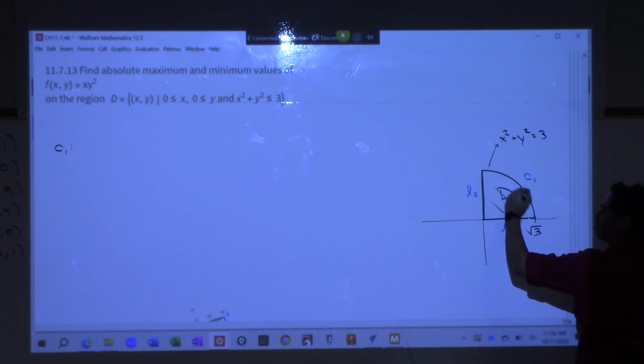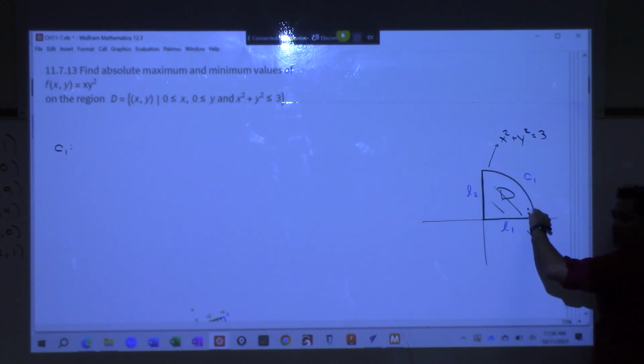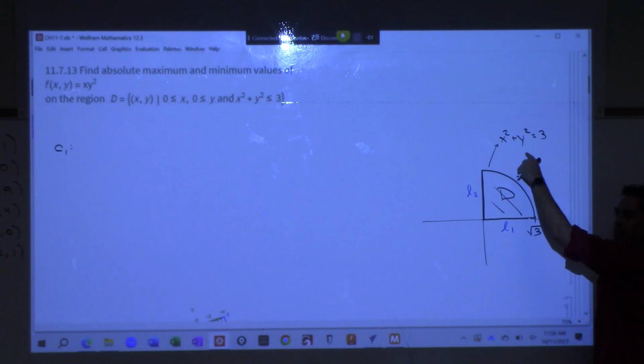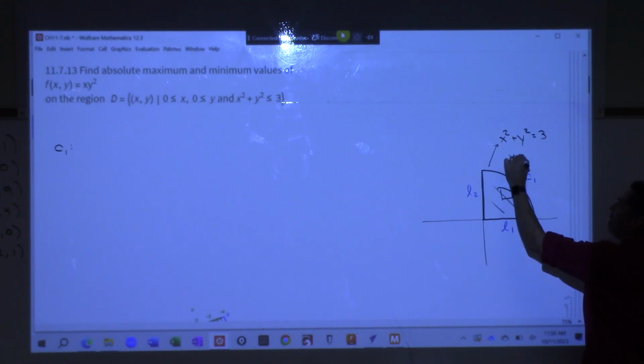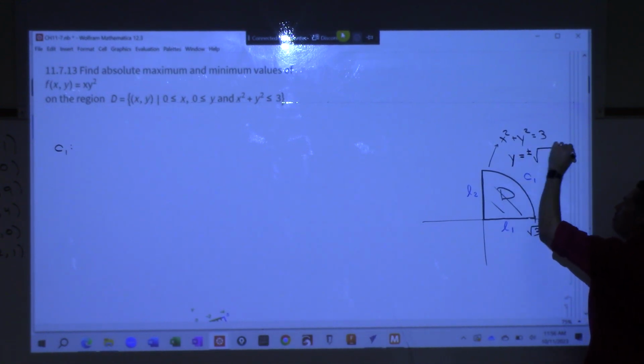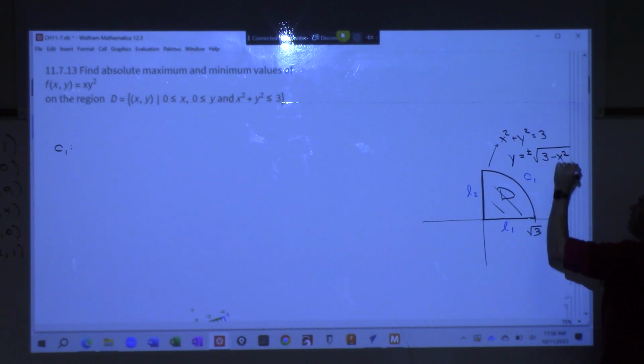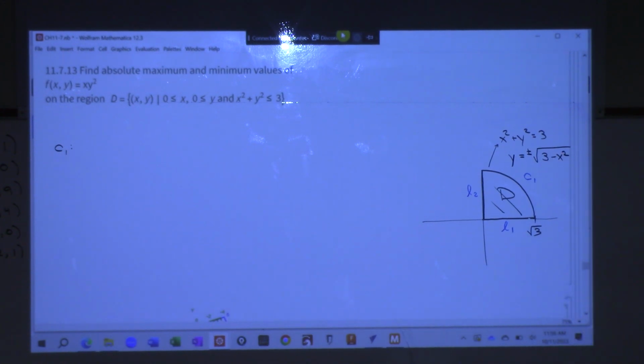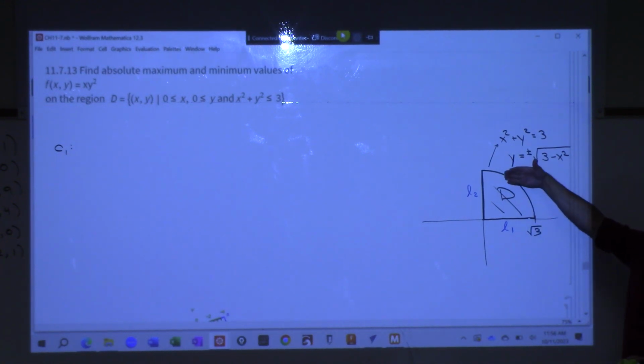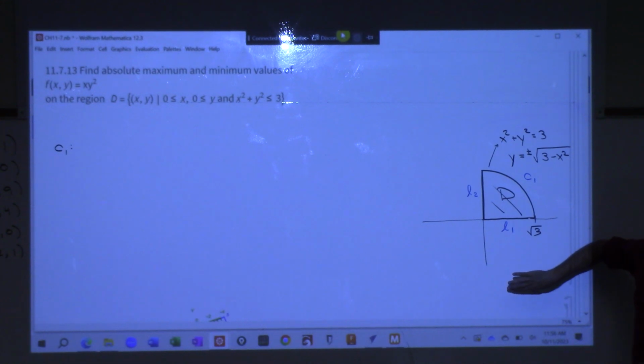And to get the actual curve, to look at this as a function, I need to solve this for y. If I solve that for y, I get plus or minus the square root of 3 minus x squared, right? Subtracting x squared on both sides, taking the root, and I'm only going to look at the positive answer, because the positive draws me the top half, the negative draws me the bottom.